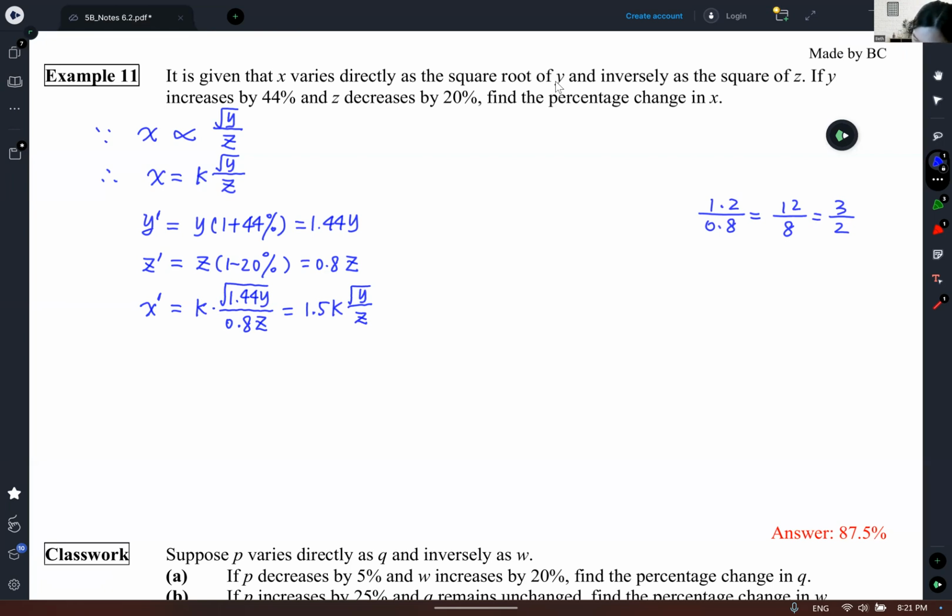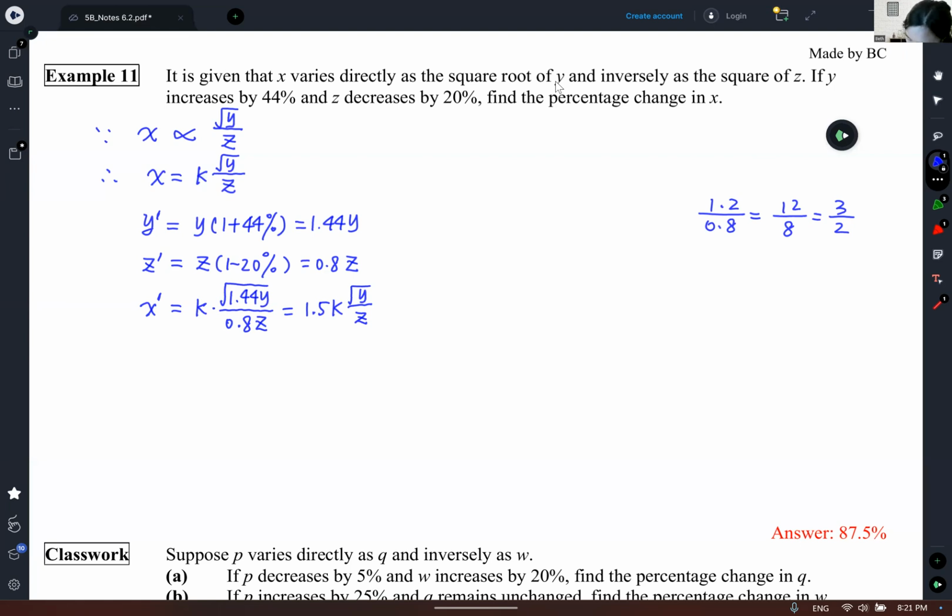So in this case, it's k. Let me change the color. It's k times 1.2y divided by 0.64 z squared.